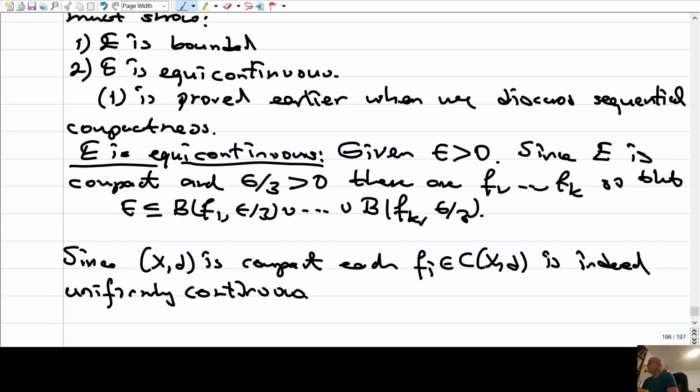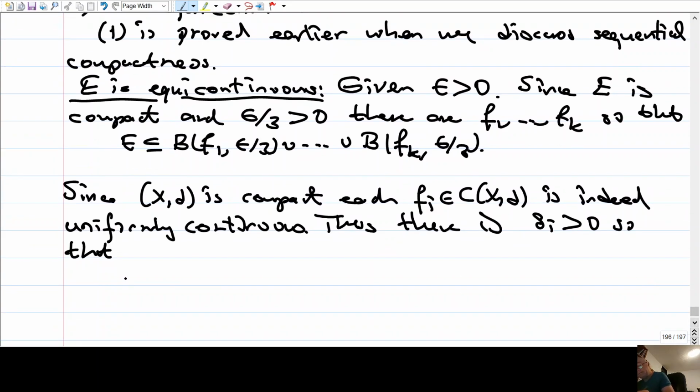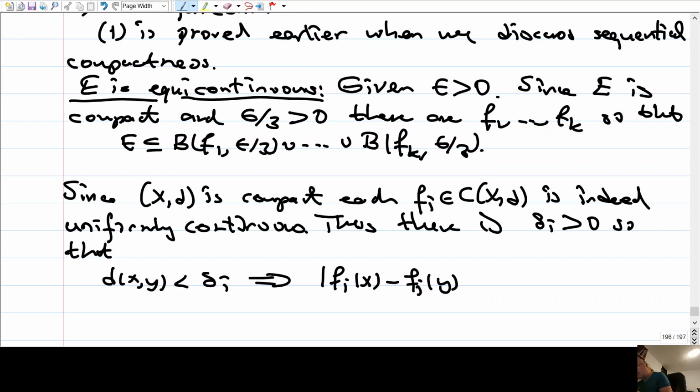And therefore, thus, there is delta i positive so that if x and y are delta i close to each other, then the absolute value of fi(x) minus fi(y) is less than epsilon over 3.